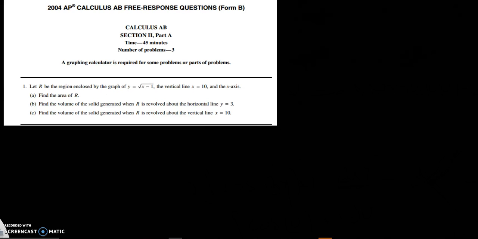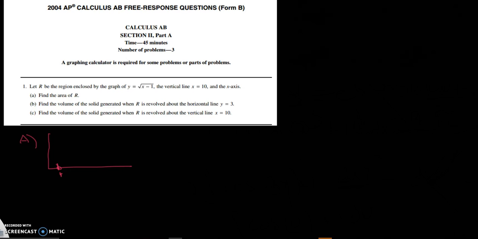Okay, so we should probably sketch this so we get a good idea of what it looks like. If you plug in 0, it doesn't exist, right? Because you get -1, and the root of -1 is imaginary. So let's start with 1, because that's where it would equal 0. So here's 1. Now let's go to 10.